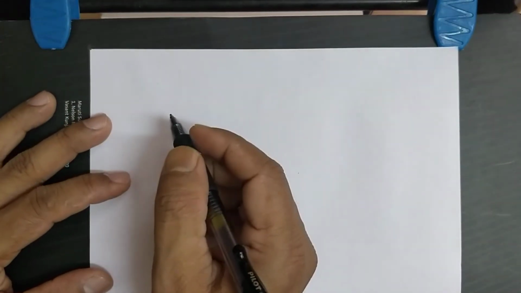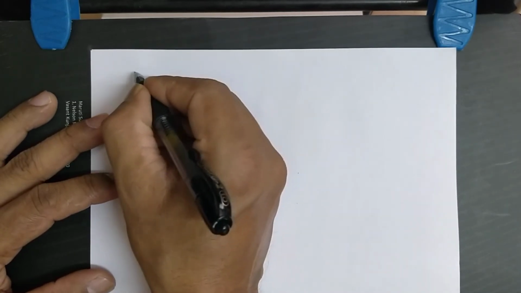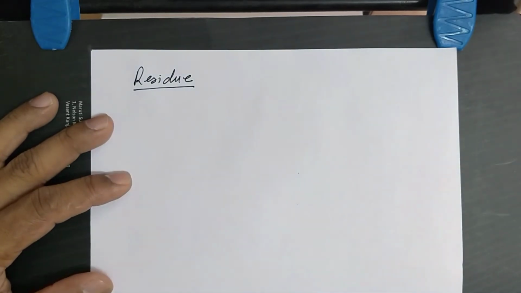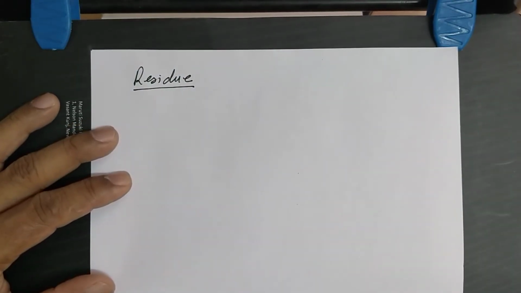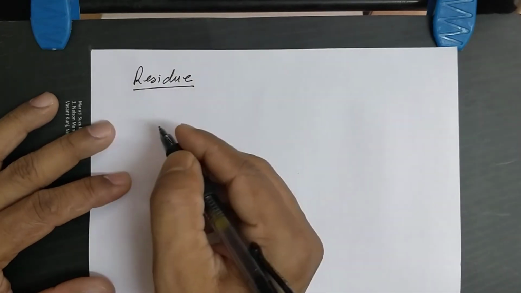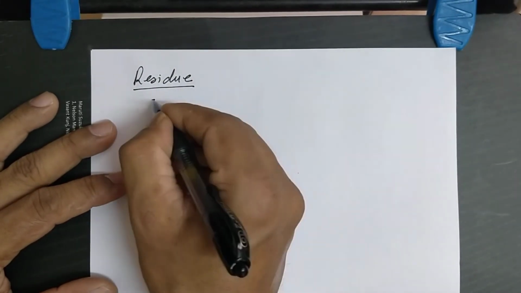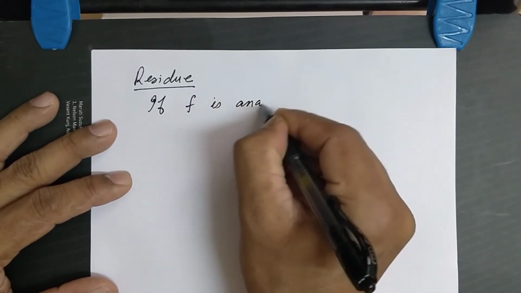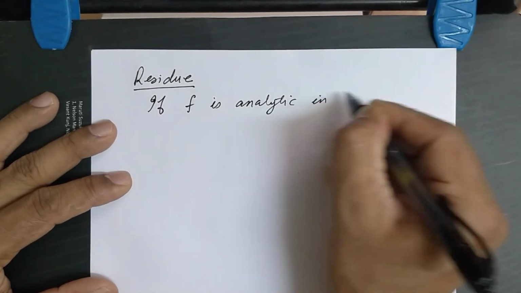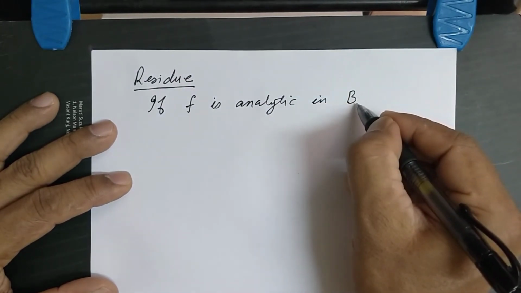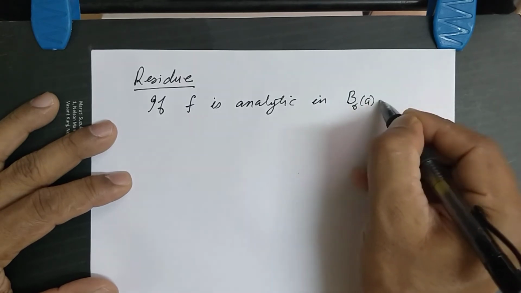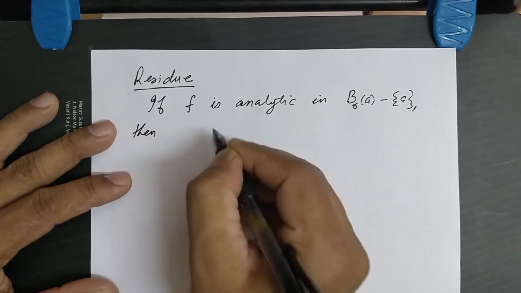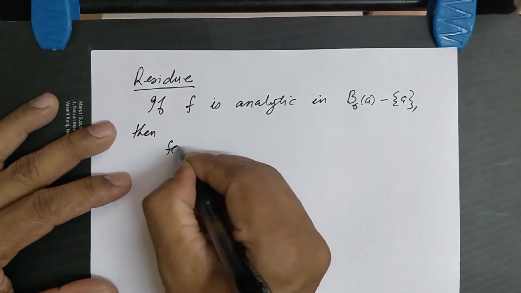Now we discuss residues, and after that we discuss the residue theorem. Okay, so we just looked at the Laurent series, and in the Laurent series, if f is analytic in the ball with center A and radius r less a, then you have the Laurent series, and I will write this in a slightly different way now.